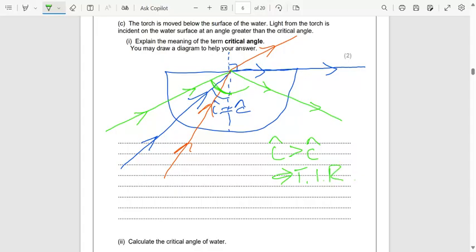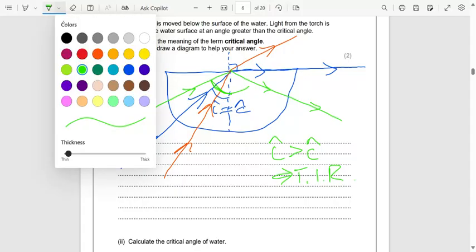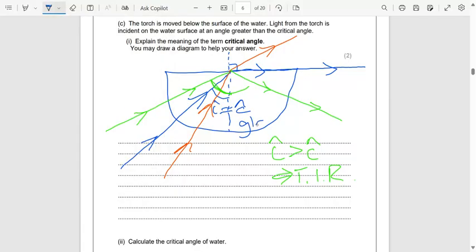So how could we say that as a sentence? It's the angle of incidence in the slower medium. You can see that this is glass here, so that's my higher optical density medium. And if you go above that angle, then you're going to get total internal reflection.